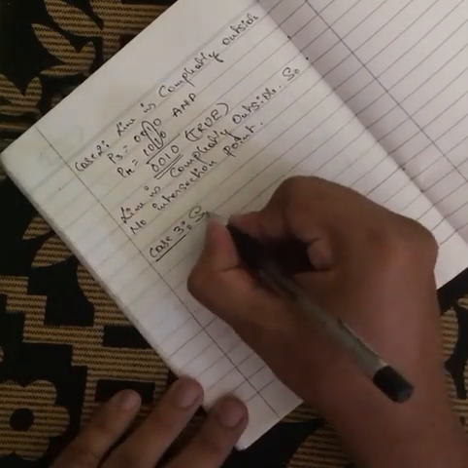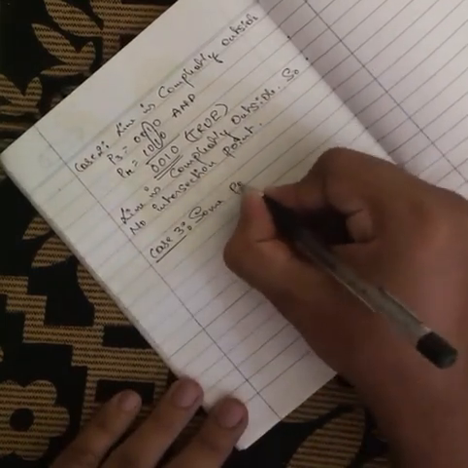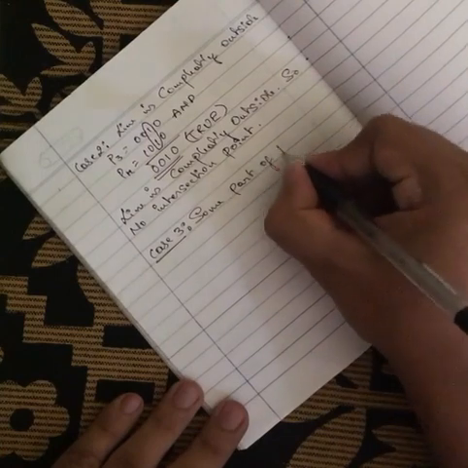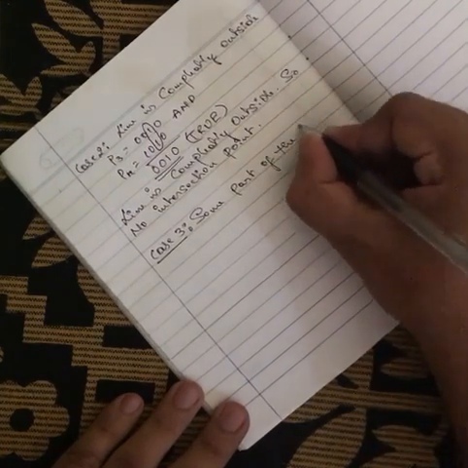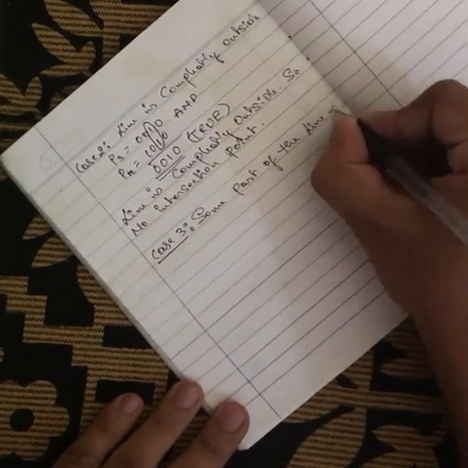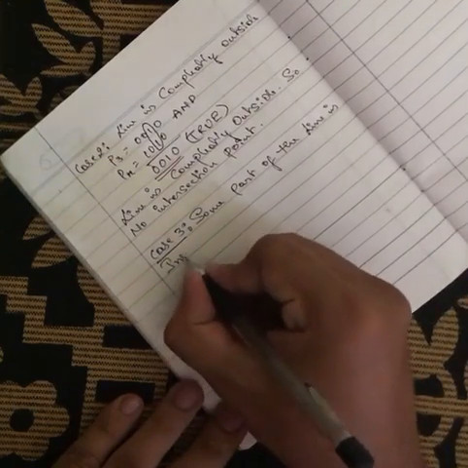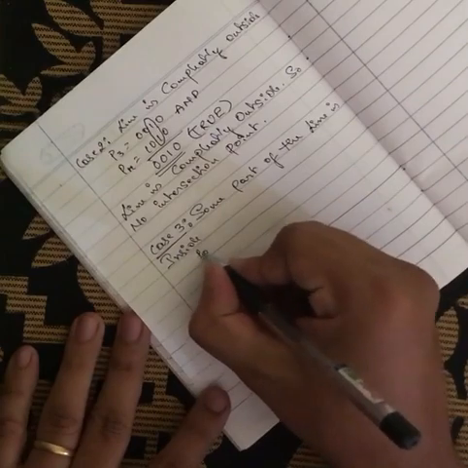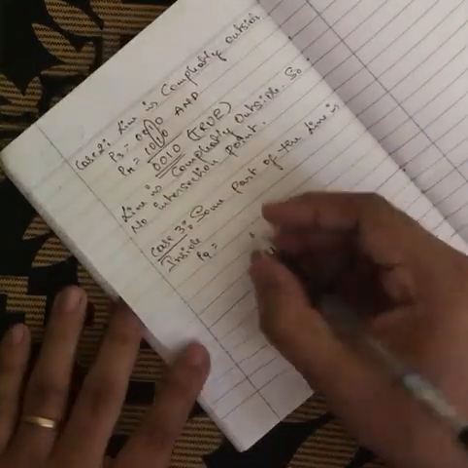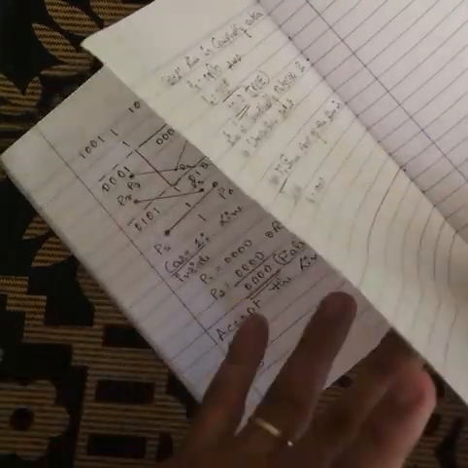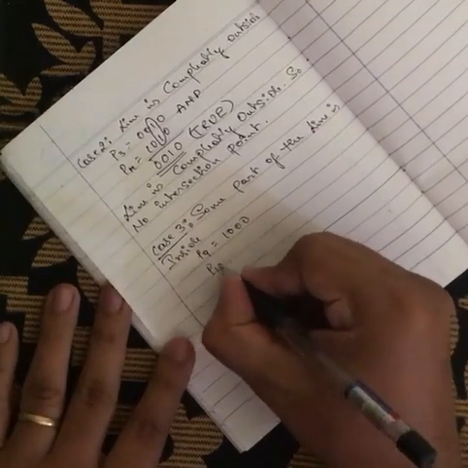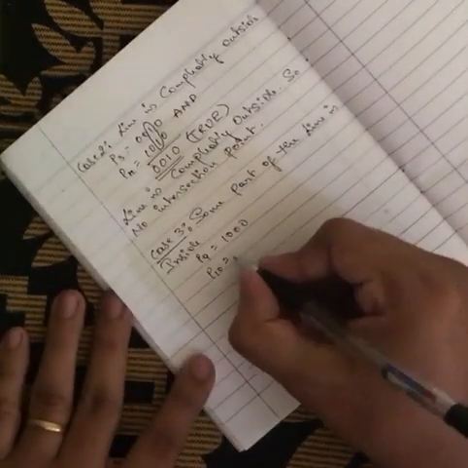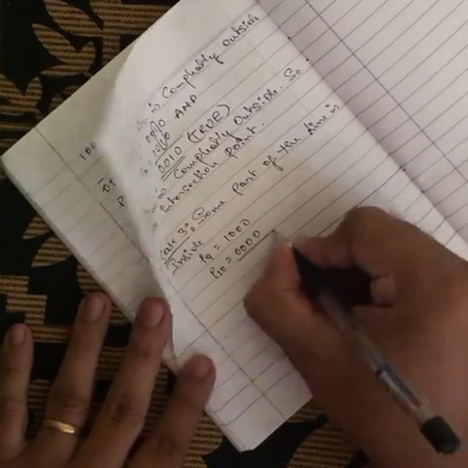So some part of the line is inside. That is case 3. I take P9, which is 1000, and P10, which is 0000.